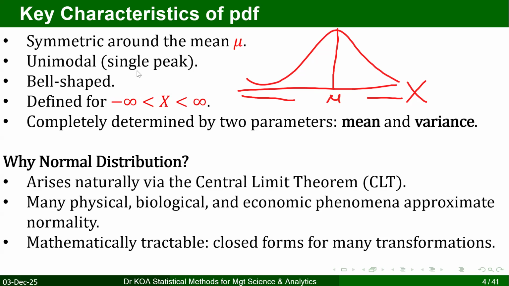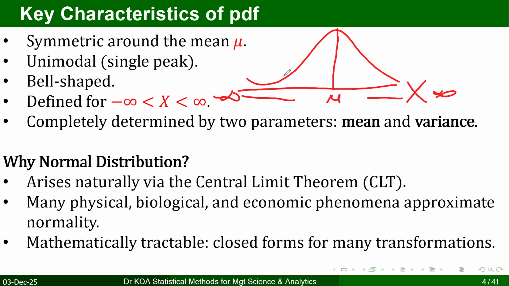The other thing you will notice is that it doesn't have bimodality or multimodality. It is unimodal, one peak. The values of x can be from negative to positive infinity. It is also completely determined by two parameters. Once you know the mean and the variance or the standard deviation, you are good to go.